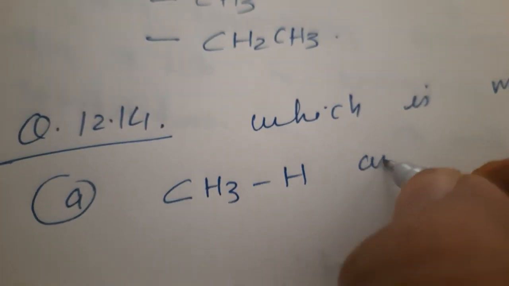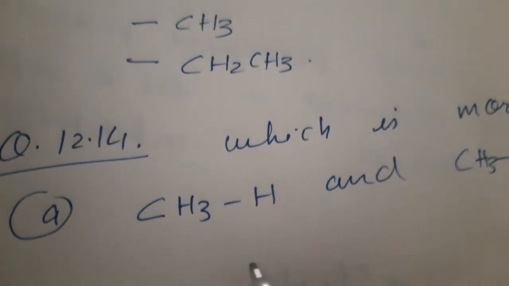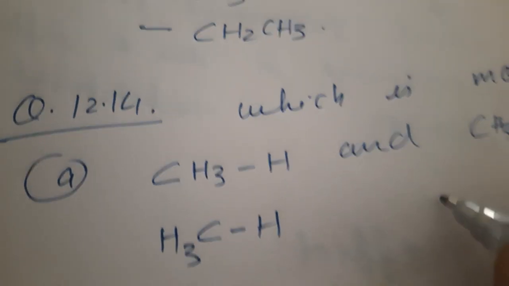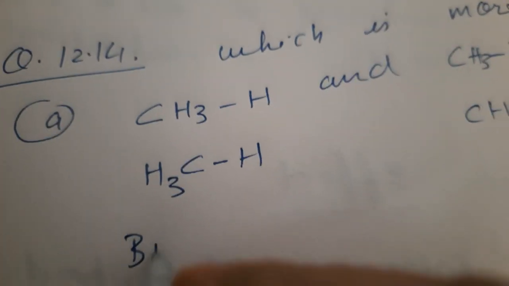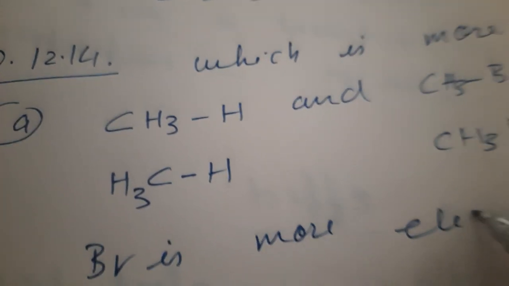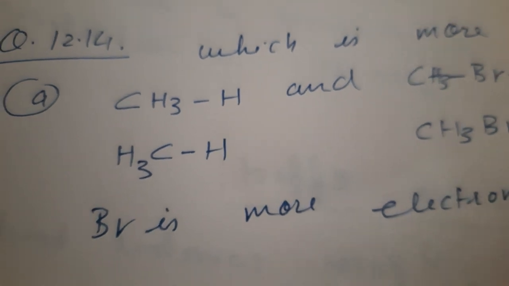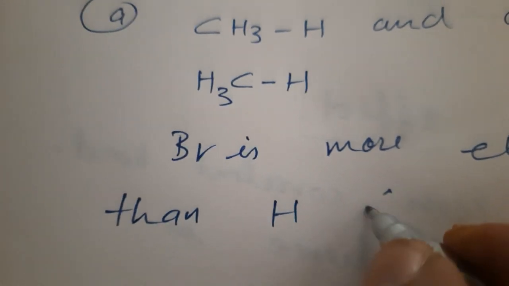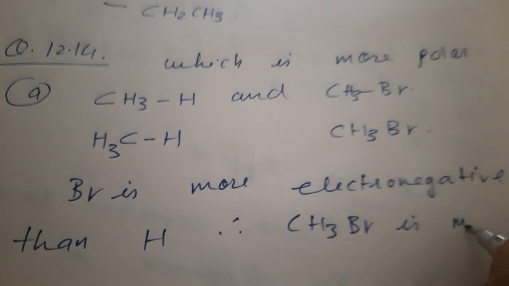Br is more electronegative than hydrogen. Therefore CH3Br is more polar.